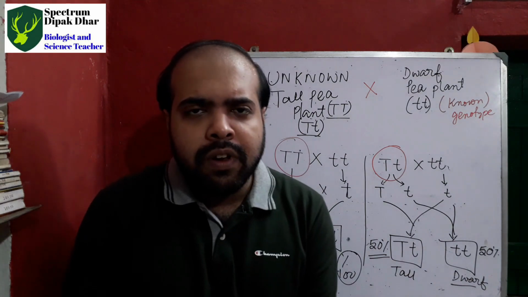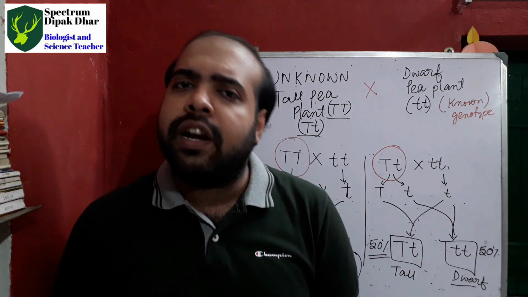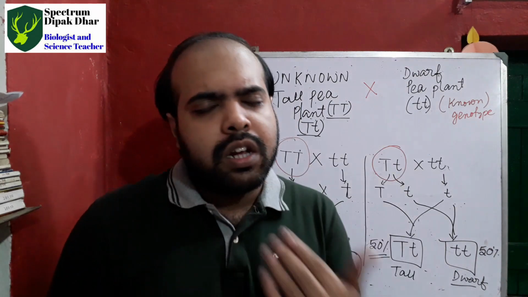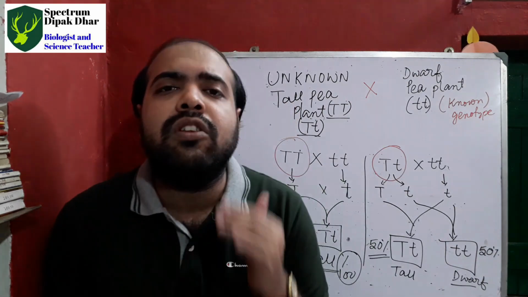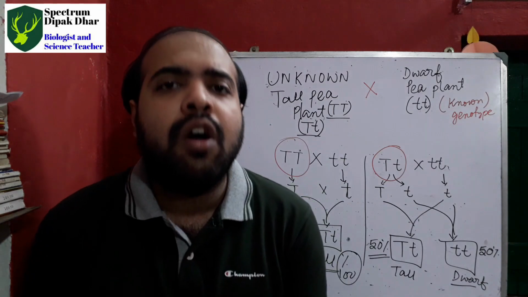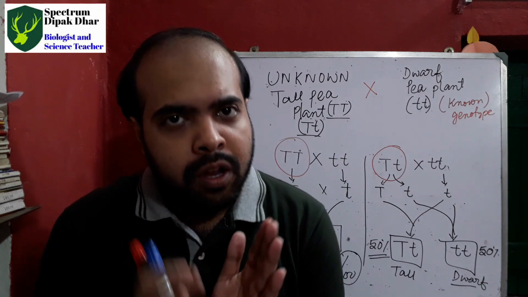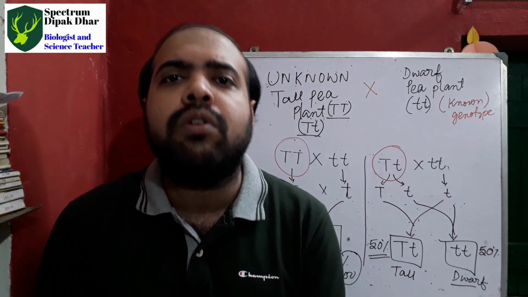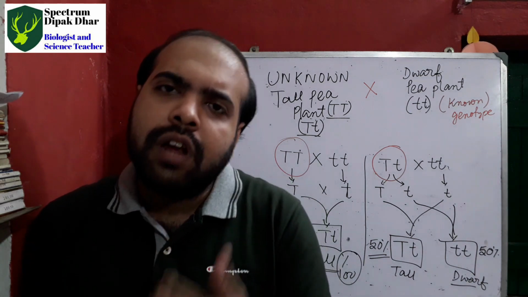So throughout this video you understood that by test cross we can determine the genotype of a pea plant of unknown genotype. We have to cross the unknown genotype pea plant with a known recessive phenotype pea plant.